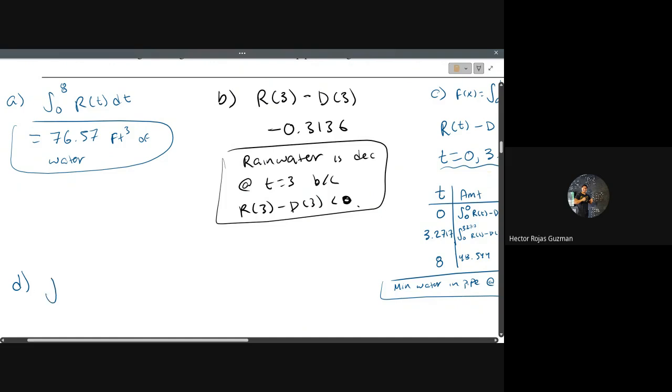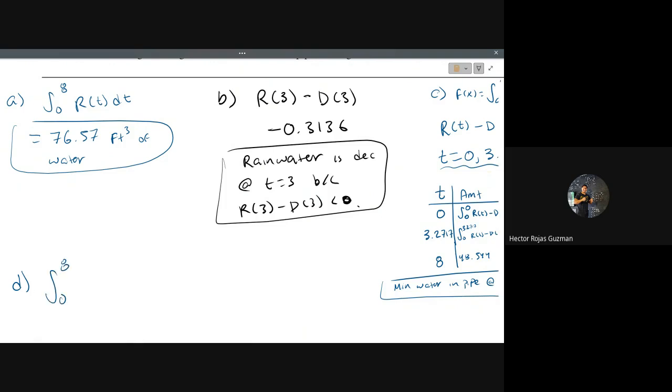First mistake was people made the integral from 0 to 8. We don't know if it's going to overflow during that time, right? We need to figure out a time when it overflows. You have to consider the water flowing in, consider the water flowing out. You have to consider the initial condition, because we don't want water to go beyond 50 cubic feet.